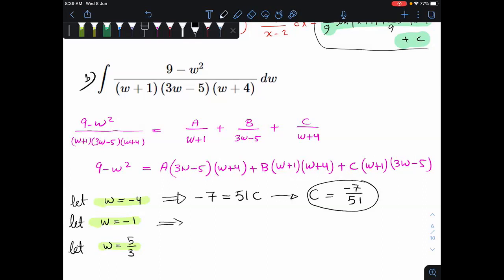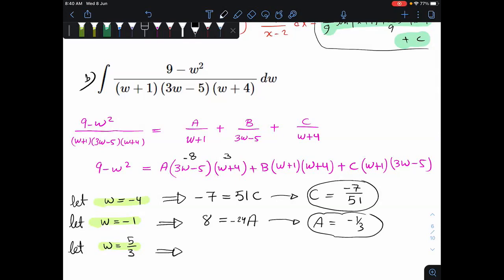The left side is 8, and the right side is 8A, because here we have negative 8. Negative 1, negative 3, negative 5 gives negative 8, and negative 1 plus 4 is 3. 3 times negative 8 gives negative 24. So 8 over negative 24, A is negative 1 over 3.